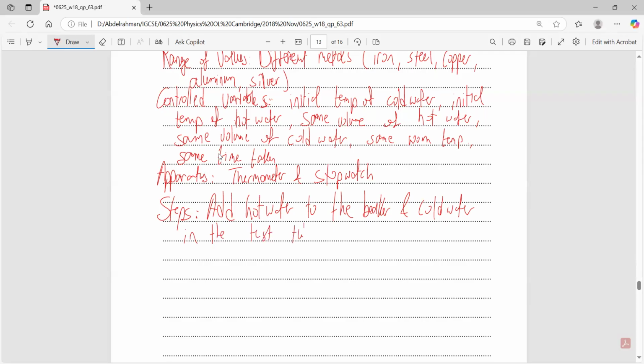Okay. Place the metal as shown in the figure. When you place the metal as shown in the figure, leave for a fixed amount of time.